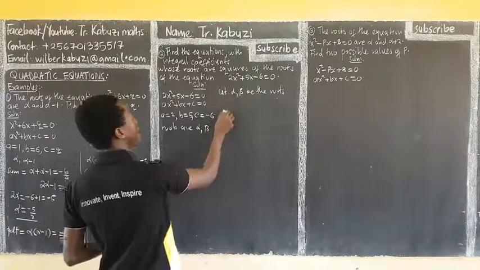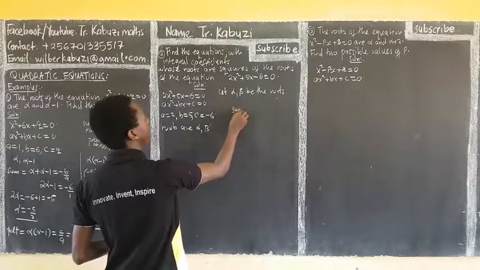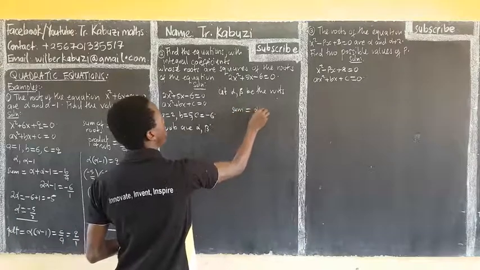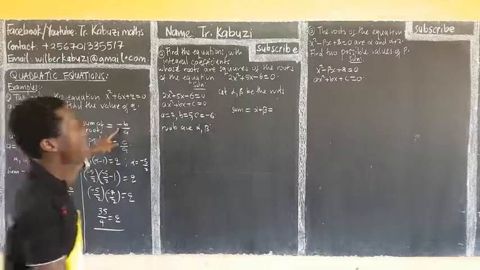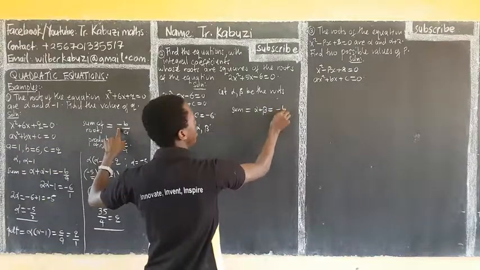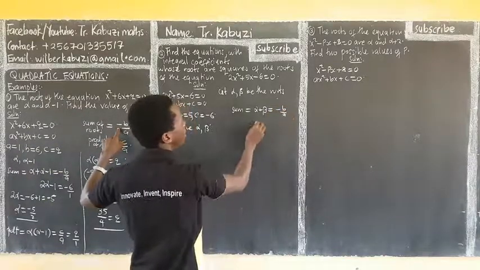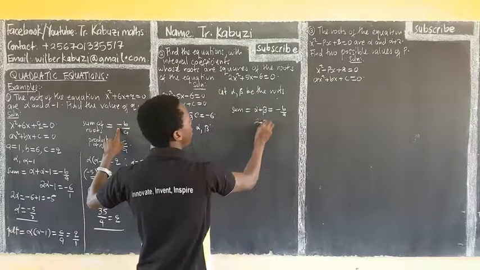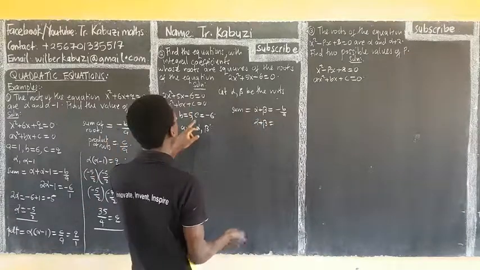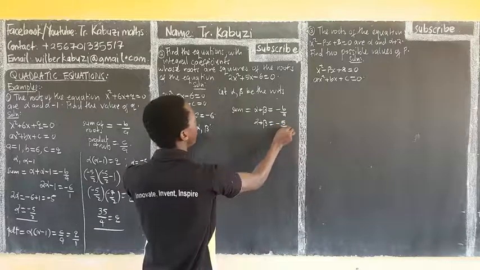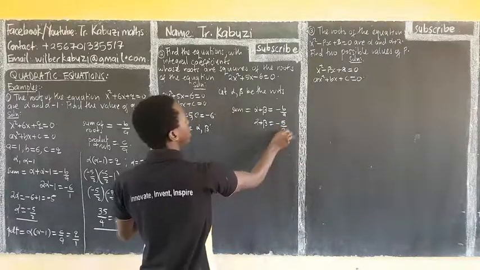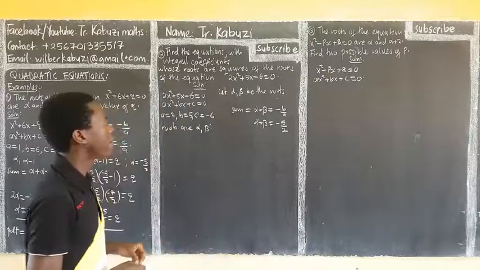The sum is alpha plus beta, and we say the sum is always given by negative b over a. So alpha plus beta is negative 5 over 2.